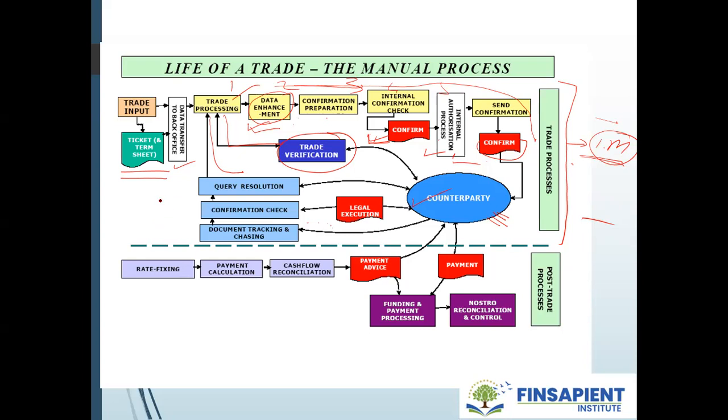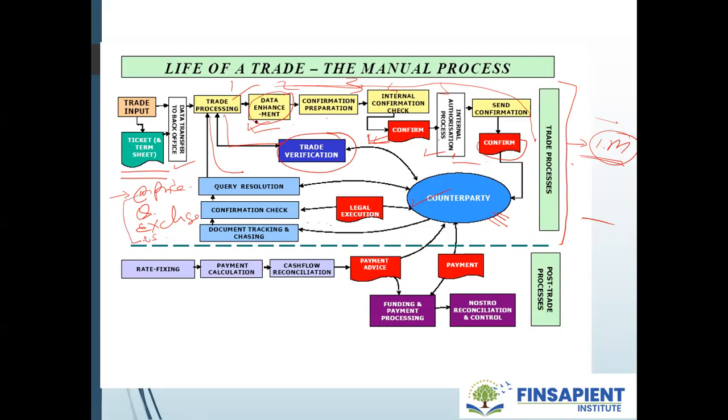Because when the trade order is given, if you are doing the trading yourself, you will be specifying a particular price, right? Beyond which the trade should not be executed. What should be the quantity? Which exchange it needs to be bought or sold on? The ISIN ID and all these details are entered into the file.